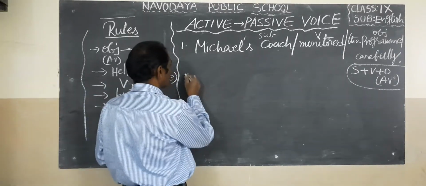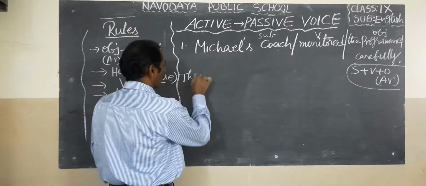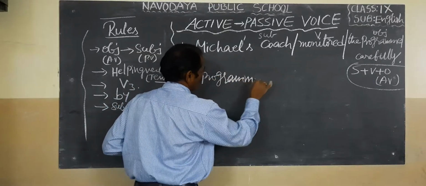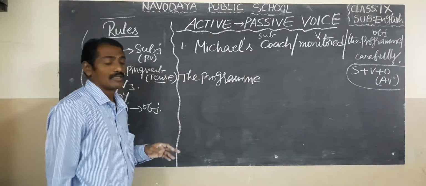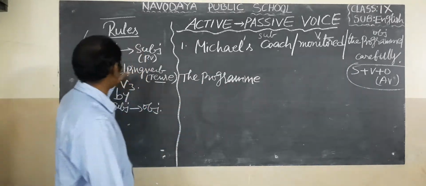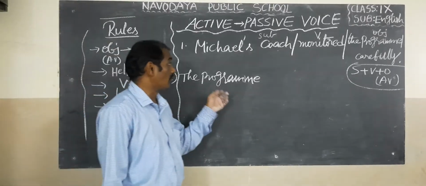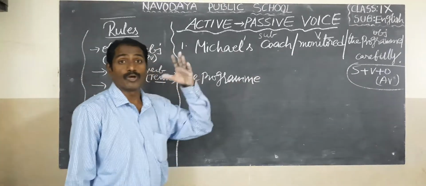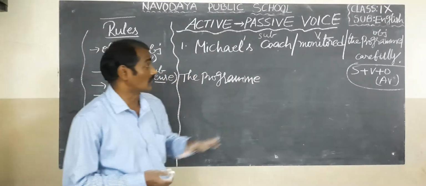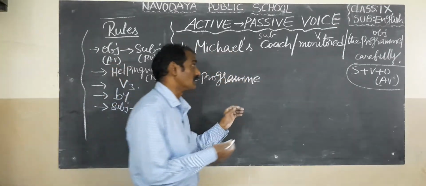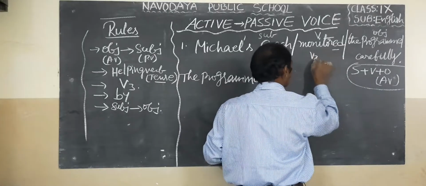Next, the object becomes the subject, meaning the program. The next rule is the helping verb, which is very important. Here the verb monitored is in the past tense, the ED form, past simple, which is V2.